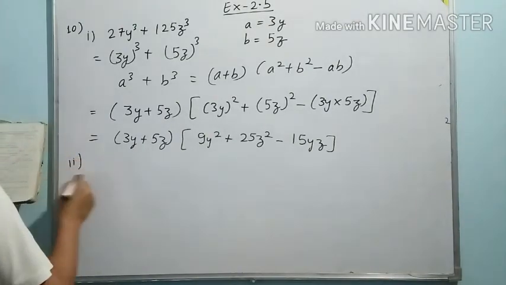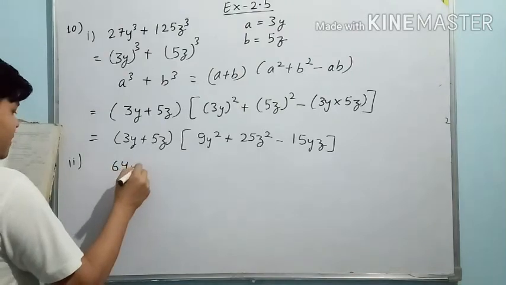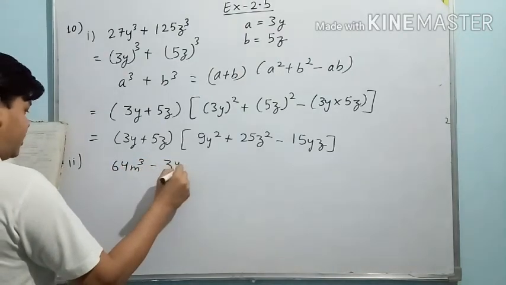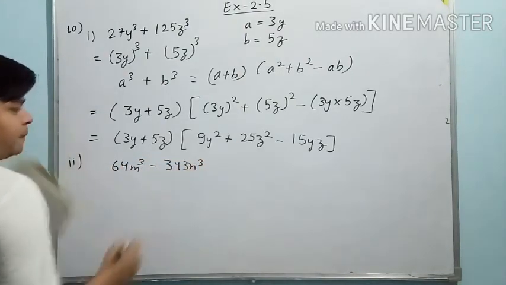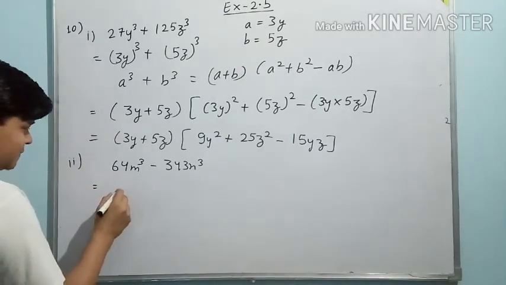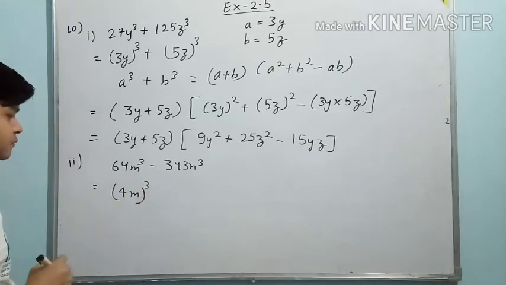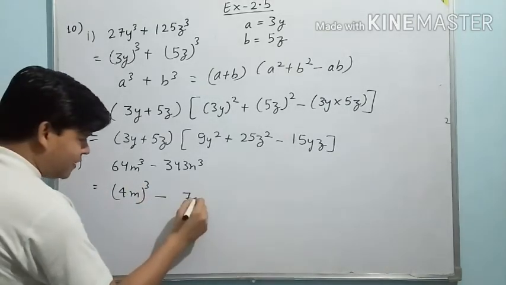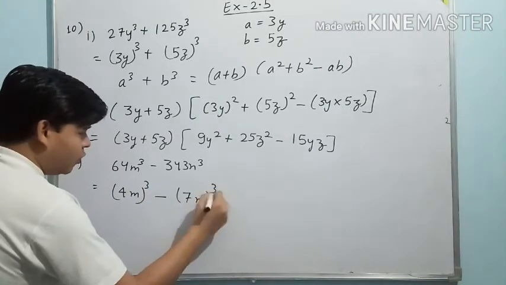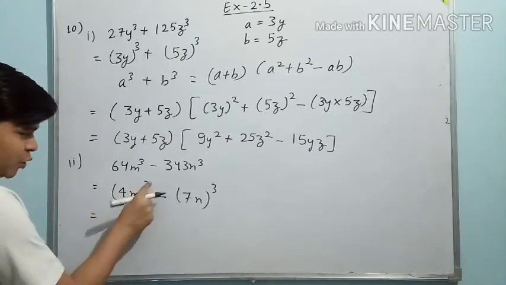You can solve that, like this is 64m cube minus 343n cube. So we can write this as 4m whole cube minus 7n whole cube. So this is a cube minus b cube.